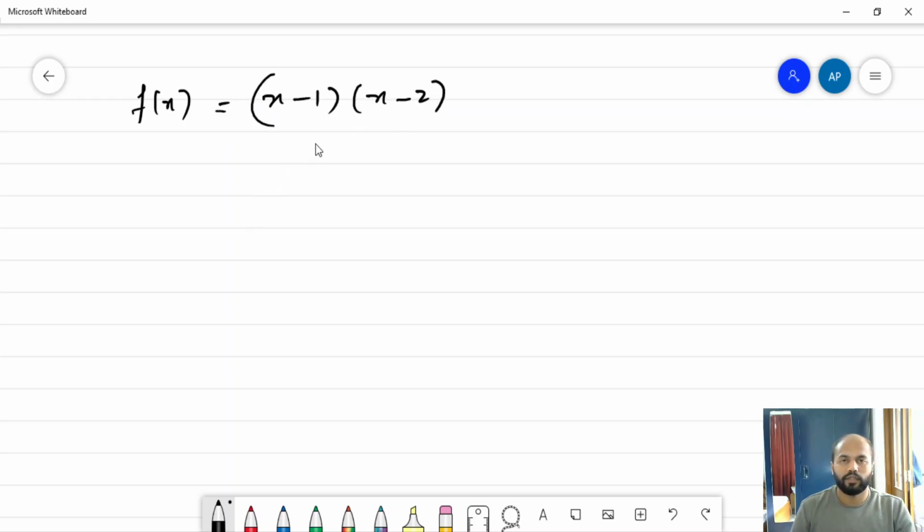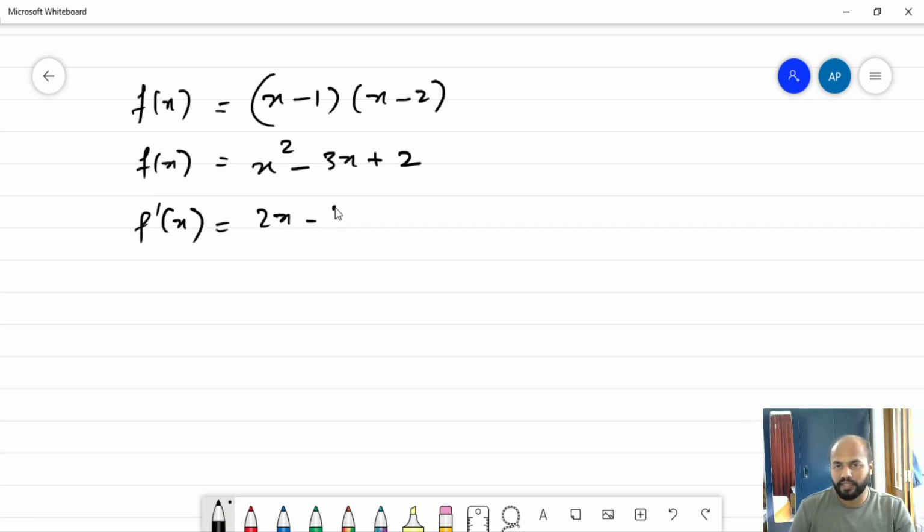Now we know the usual method of derivatives, that is, let's open this up, x squared minus 3x plus 2. This is the actual function. So if I find the derivative by normal method, we're going to get it as 2x minus 3. This should be the answer to this question.